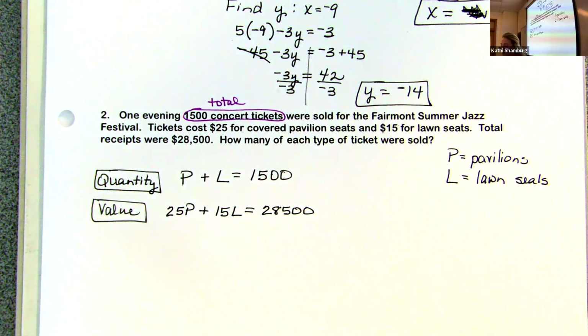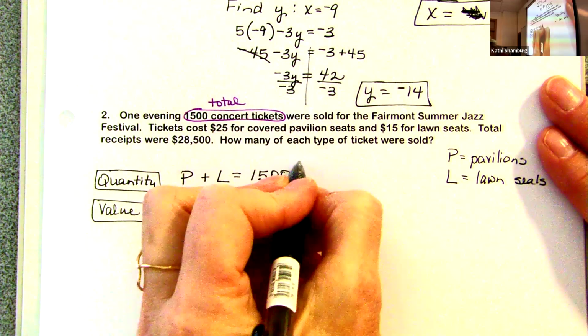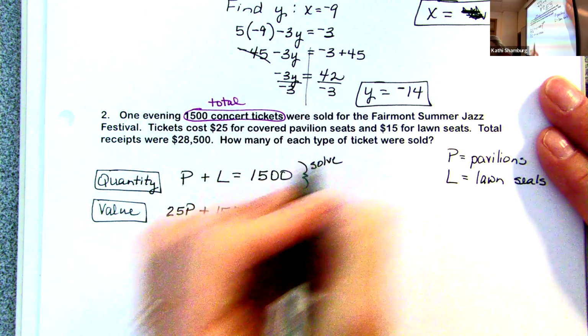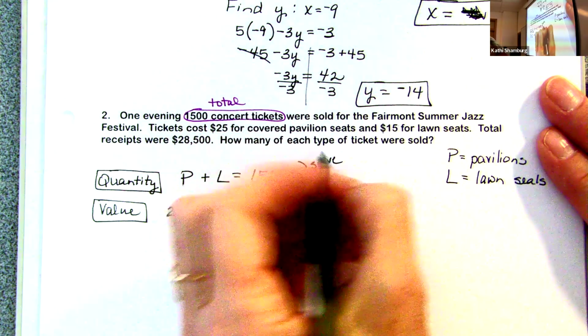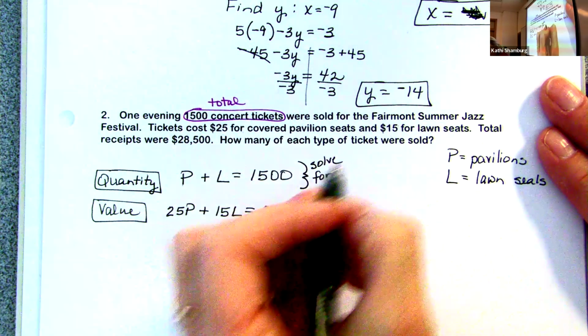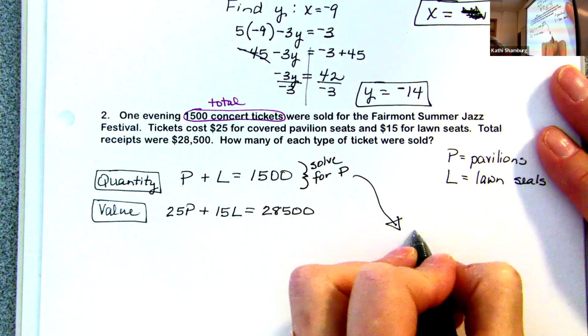All right, so then you need to solve. You have one of 3 methods. Which method do you want to use? Substitution. Okay, so if we're going to use substitution, we will solve this one. Obviously, I'm not going to come down here because these have a coefficient of 1. You want to solve for P or L? P. All right, so I'm going to solve for P. I'll come down here and do it.